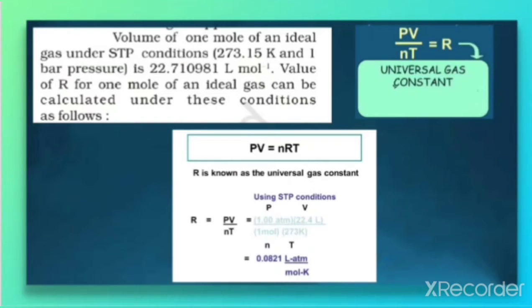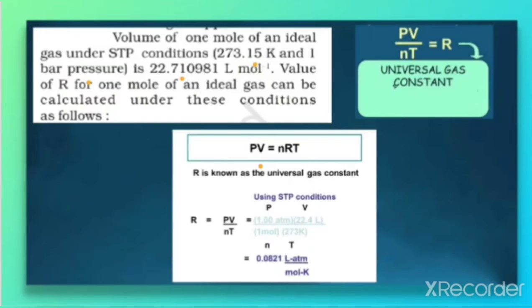We know that the volume of 1 mole of an ideal gas under standard temperature and pressure is 22.7 liter. As we have already discussed, the temperature in the standard temperature condition is 273.15 Kelvin and the pressure is 1 bar.